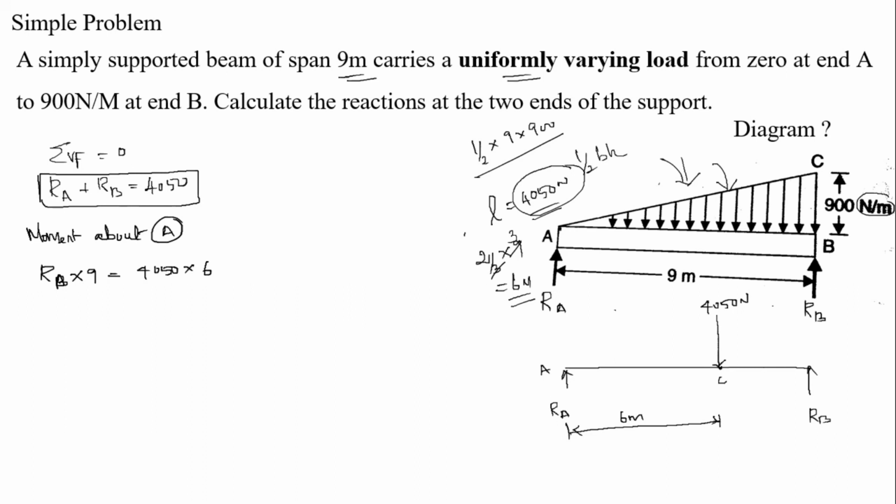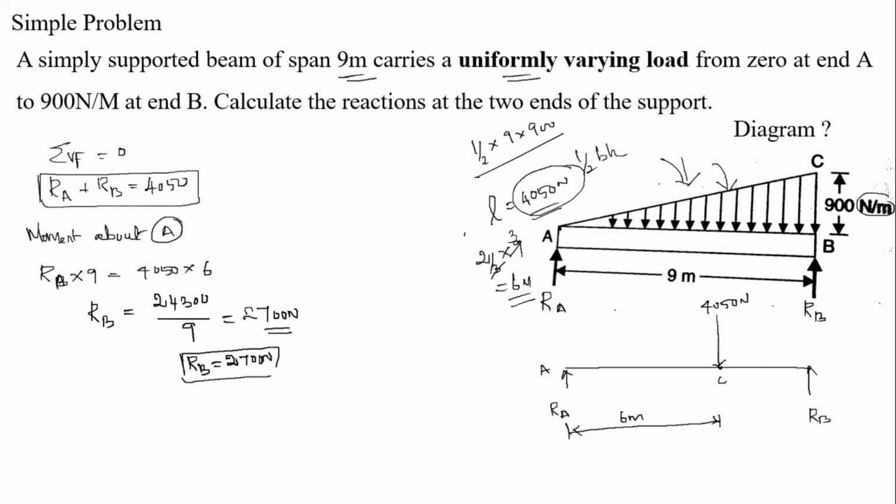So 4050 into 6 is equal to 24300, divided by 9, which is equal to RB, right? So divided by 9, which is equal to 2700 Newton. This is the RB value. RB is equal to 2700 Newton, right?